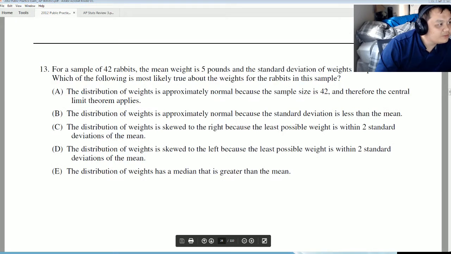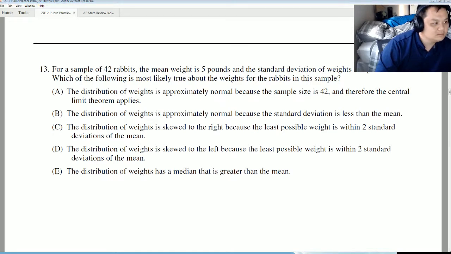13. Hold on, was there 13? How did you get A for 13?